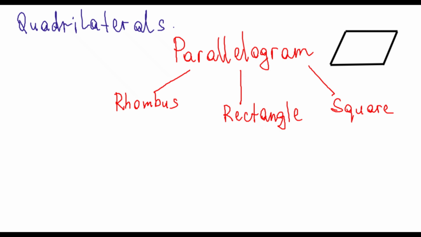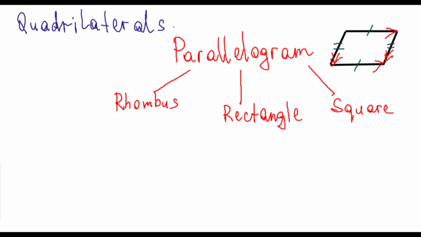So again, I want to mention some points about parallelogram. There are a lot of properties of parallelogram, but generally we talked about some of them in primary mathematics. Like we know that the opposite sides of parallelogram, they are parallel and equal to each other.